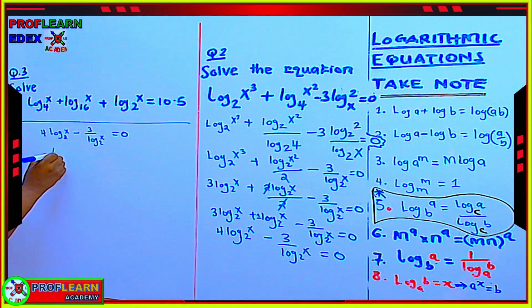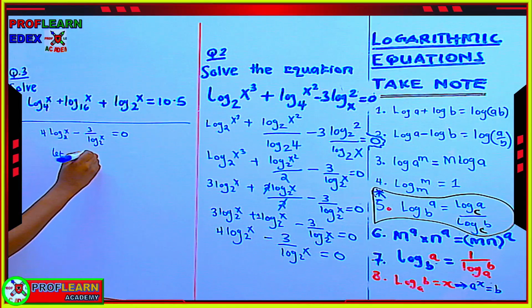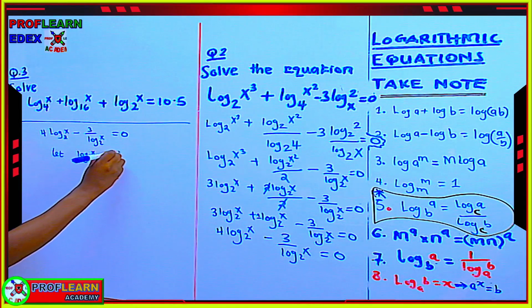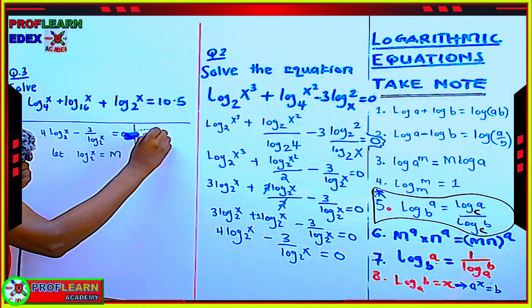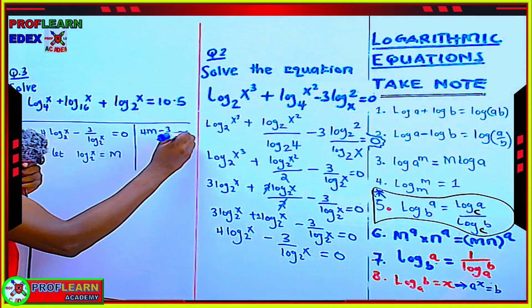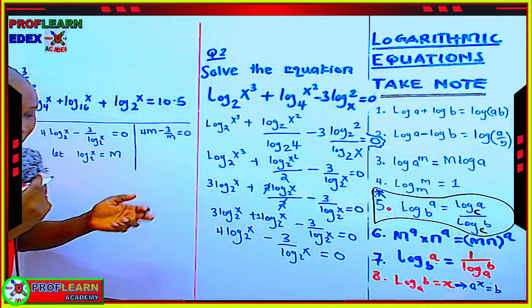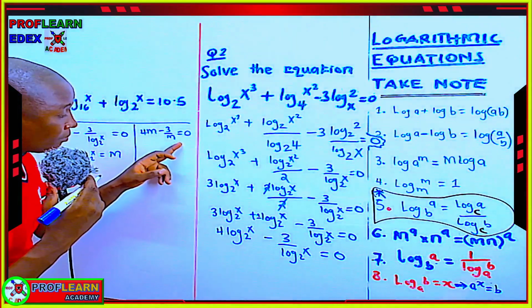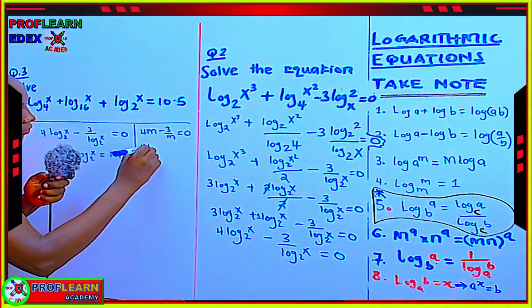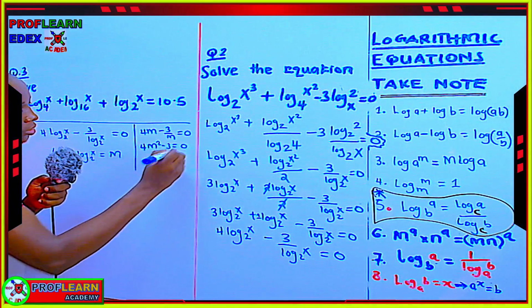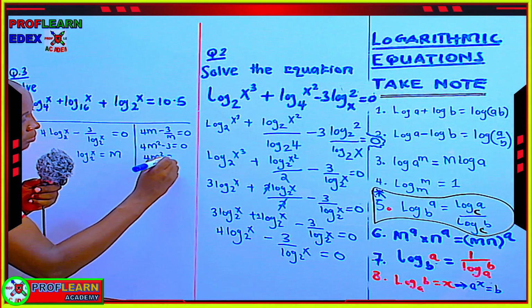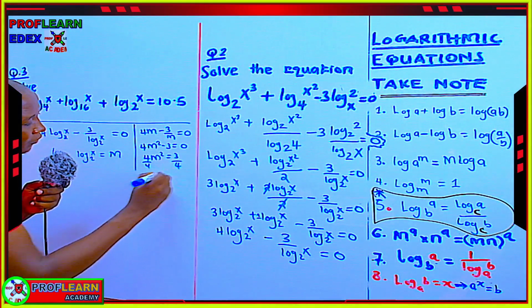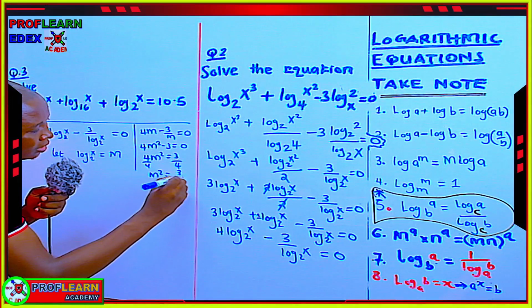So I can say let log x base 2 be equal to another letter m. So my equation becomes 4m minus 3 over m is equal to 0. At that point, I can multiply m all through, and I'll end up having 4m squared minus 3 is equal to 0. Which means 4m squared is 3, divided by 4 both sides, m squared will be 3 over 4.